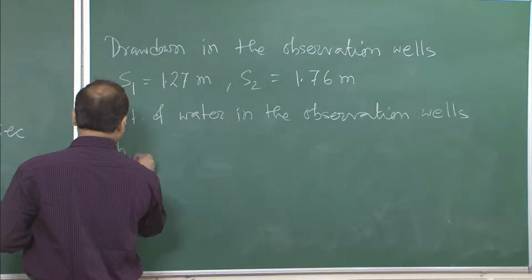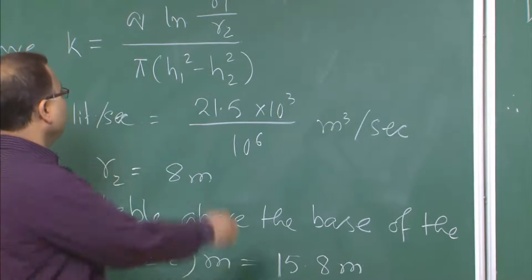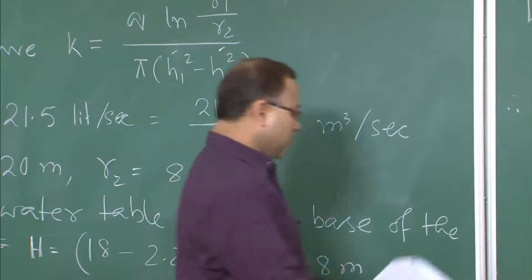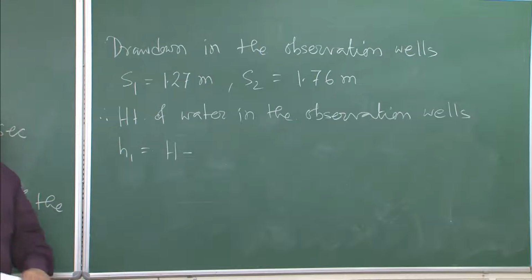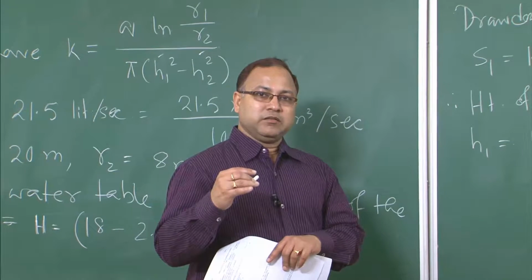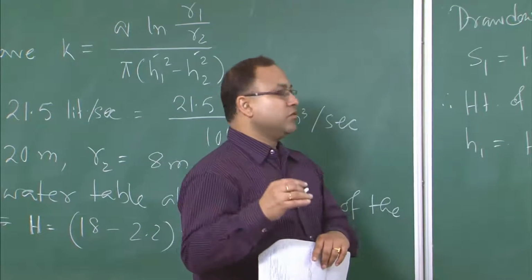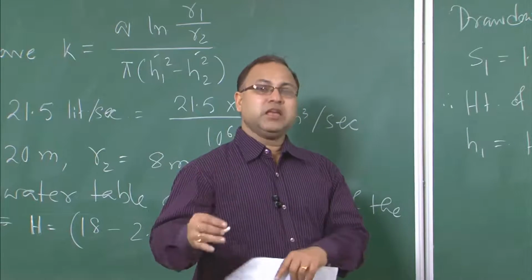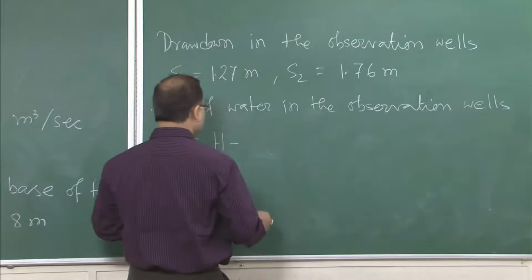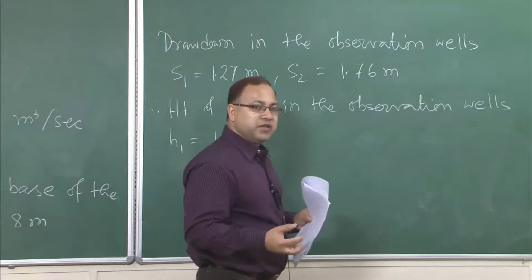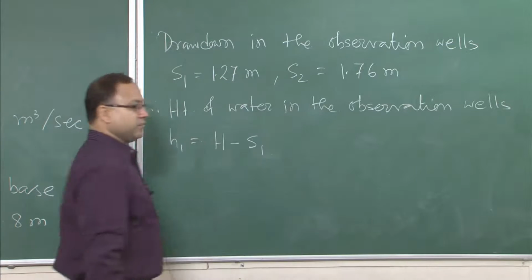is given as H1. Now, in this equation we are going to find out this H1 and H2. So, H1 is equal to H, that is the total water height available in the observation well 1 before pumping is started. Now, you have started the pumping, so you have got the drawdown, and that is S1.